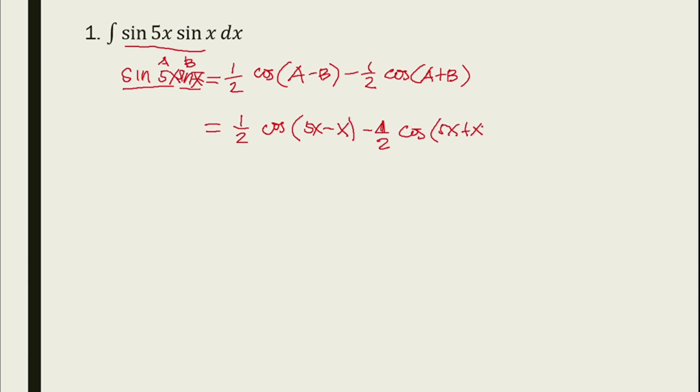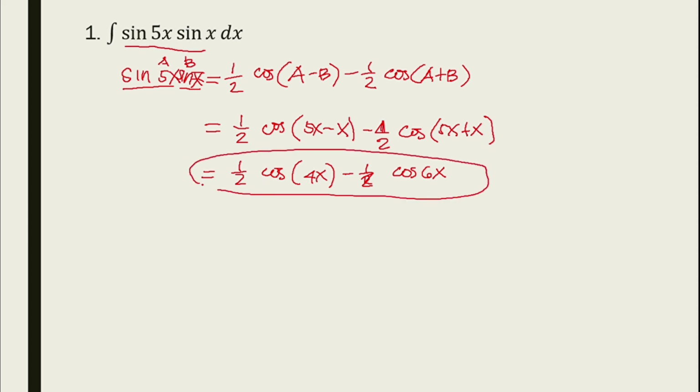So we have 1/2 cos 4x minus 1/2 cos 6x. Instead of writing the original product, we now write the integral of 1/2 cos 4x minus 1/2 cos 6x dx.